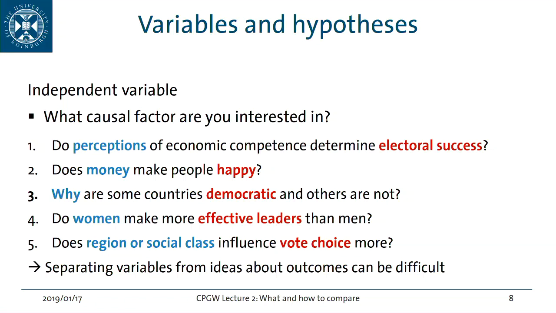So in other words, is a rich person, I know rich is not a social class, but anyway, let's say does a highly educated person somewhere at the west coast of Scotland vote the same way as a highly educated person down in Sussex? Or is this a regional thing? Do people from Sussex vote a particular way and people from the west of Scotland vote a different way? And even if we think that both play a role, we still aren't entirely sure how much, relatively speaking, they play a role.